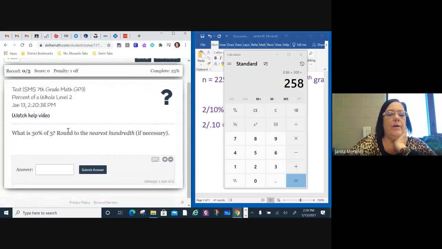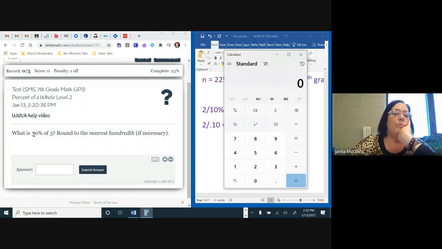Let's look at this one right here. 30% of 3. This one could be a little bit tricky. And notice that right here they say round to the nearest hundredth if necessary. Well, 30%. You have to move your decimal 2 places to the left. So 1, 2. So that's going to be 0.30 times 3.